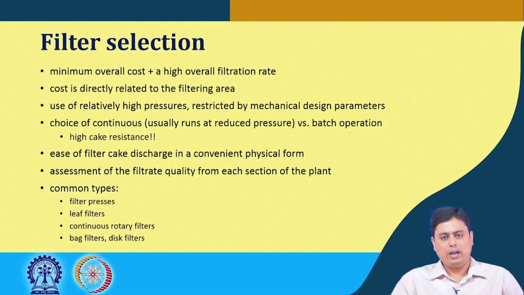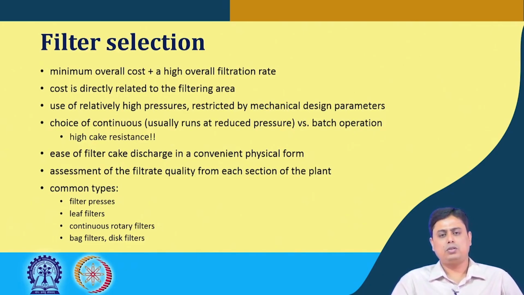Assessment of the filtrate quality at each section of the whole filtration plant should be easily done. The filtration equipment should provide that facility, or should have those options, so that you can test or assess the filtrate quality at different levels or points of the filtration process, because it is not only a single operation.